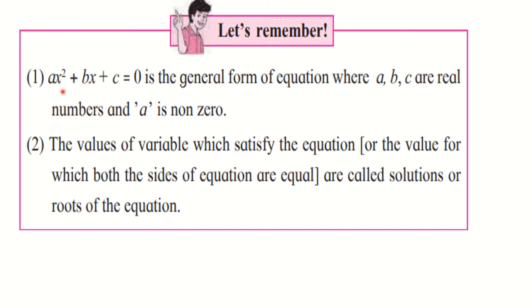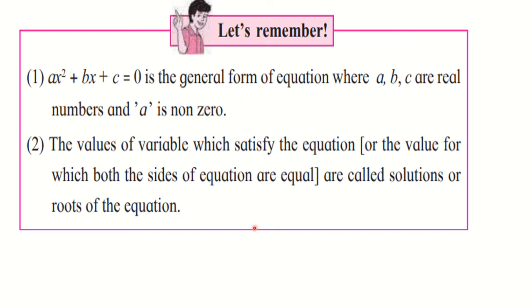Okay. So the value of the variable which satisfies the given quadratic equation is called the root of the equation. Then as I said, for quadratic, since the degree is 2, we can have maximum 2 roots or maximum 2 solutions. Okay. So you will keep these points in mind.